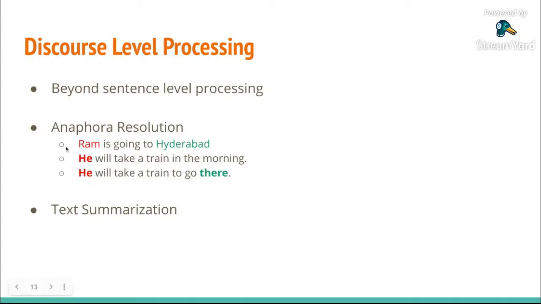Whereas when you look at it in the context of the previous sentence, we know that he corresponds to Ram and there corresponds to Hyderabad. So if you want to make this sentence stand in isolation, you can replace the pronouns with the corresponding nouns and the sentence will become Ram will take a train to go to Hyderabad.